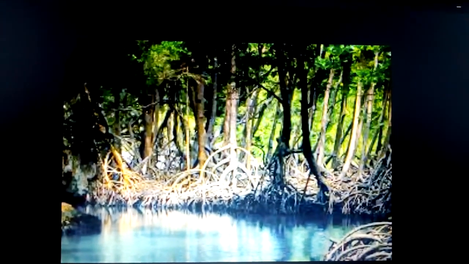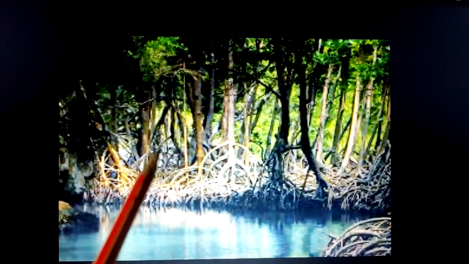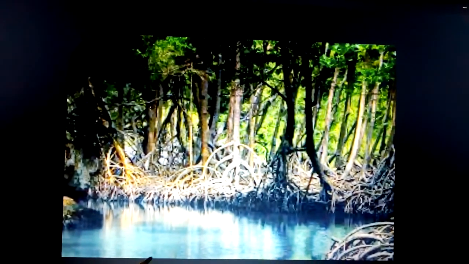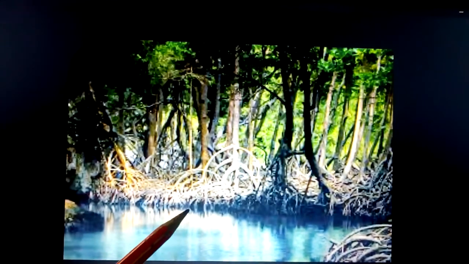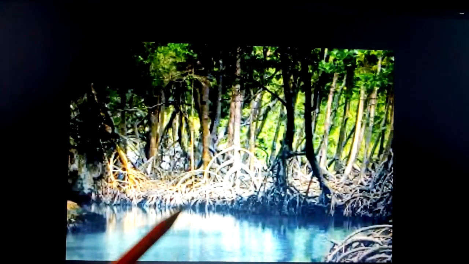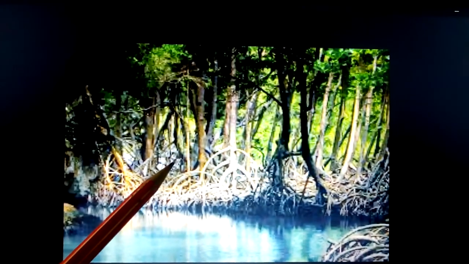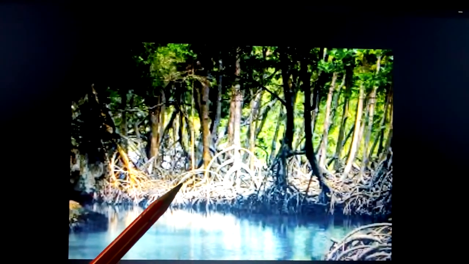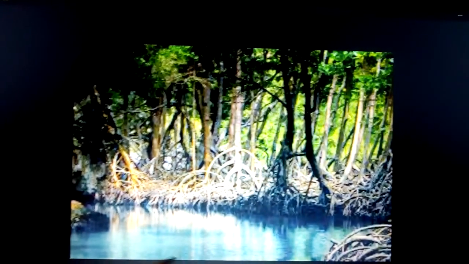Then we have to discuss another type of root, known as mangrove roots. So what is in that picture? There is water, there are roots, and there are trees. Sir, how can it survive in water? Yes, it is possible. Those trees are known as mangrove trees, and generally we find that type of tree in swamp areas, where water is there.